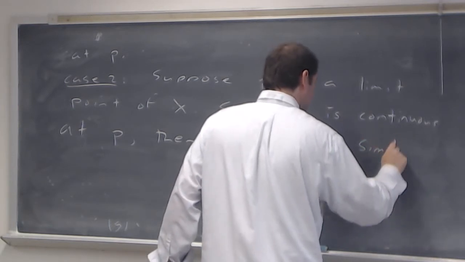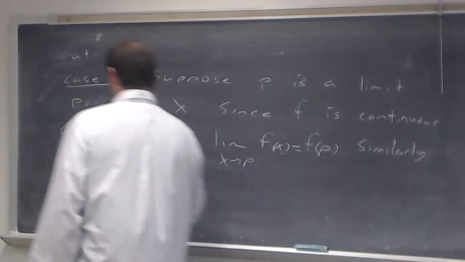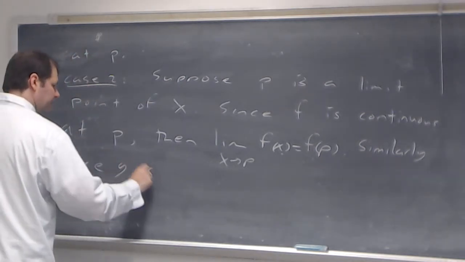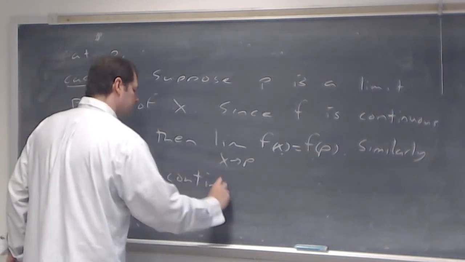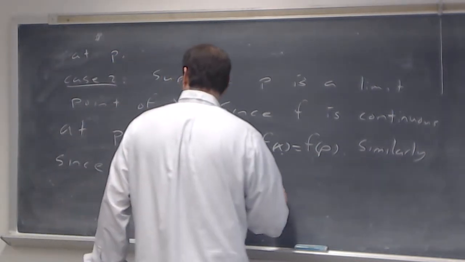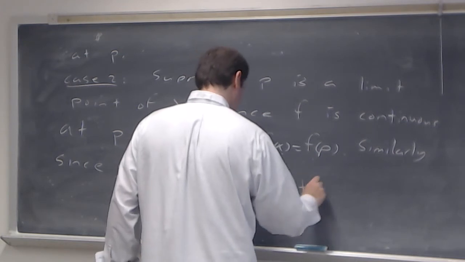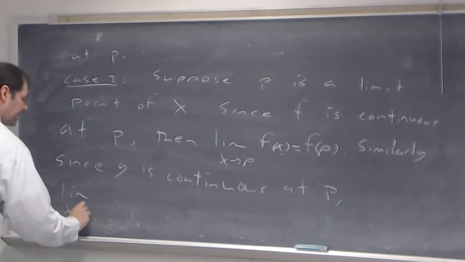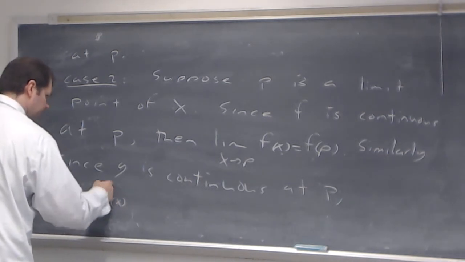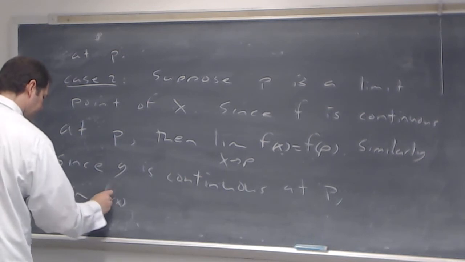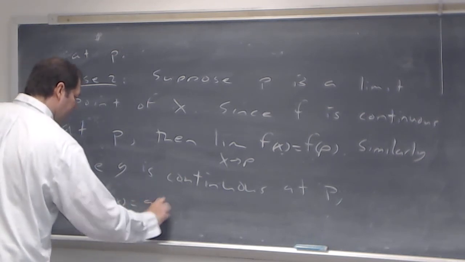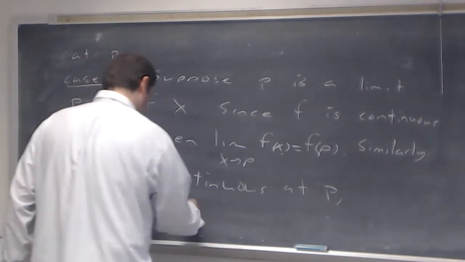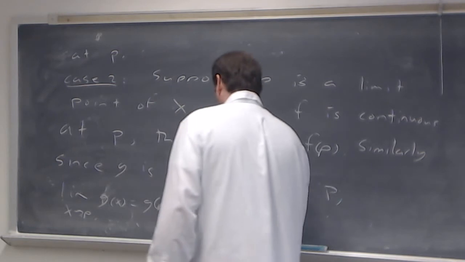Similarly, since g is continuous at P, then the limit as x goes to P of g of x equals g of P. These are true because P is a limit point, by the theorem that we had proven just a few seconds ago.